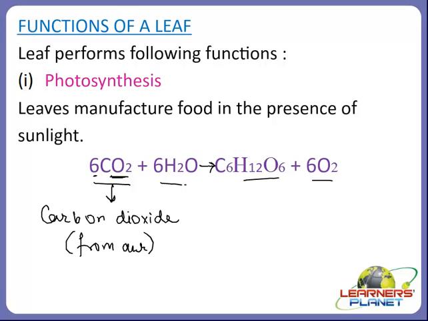plus water. Water comes from soil, means water is present in the soil and even minerals are present in the soil. So roots absorb water and minerals from the soil. So the plants get water indirectly from the soil.